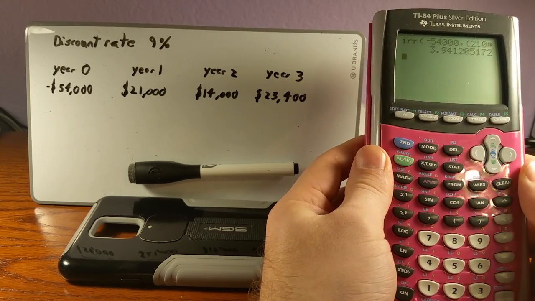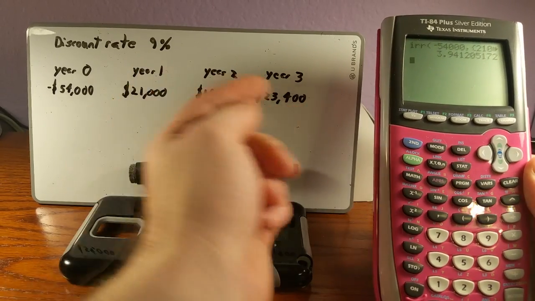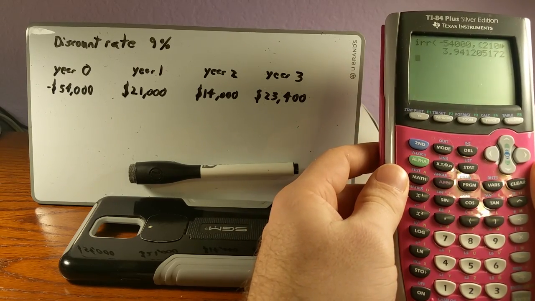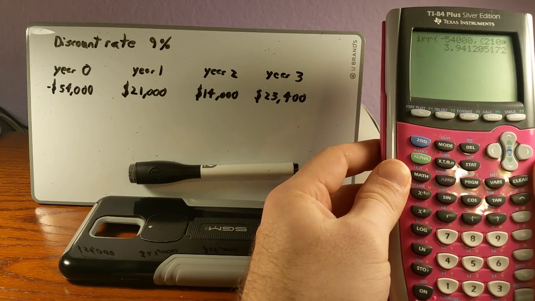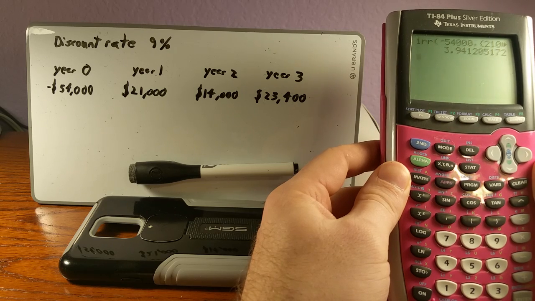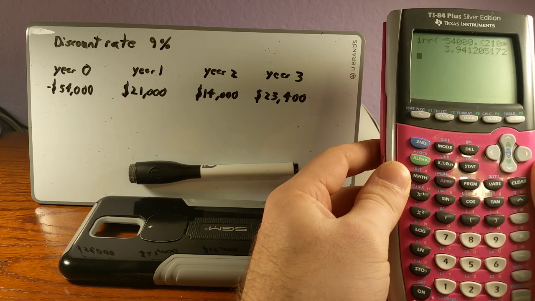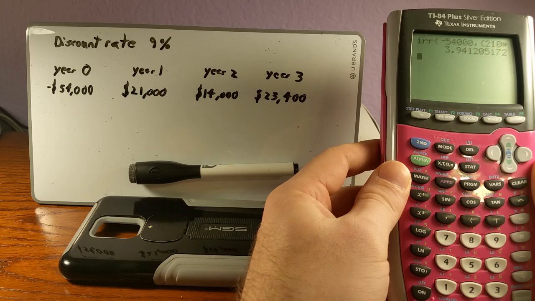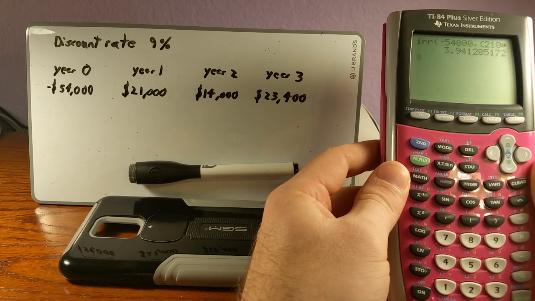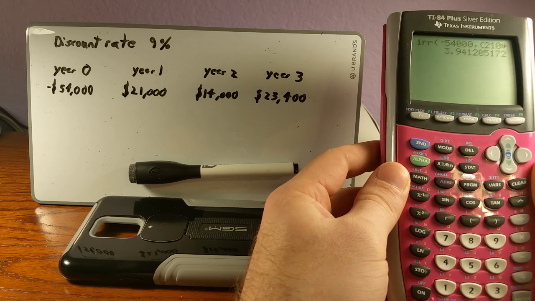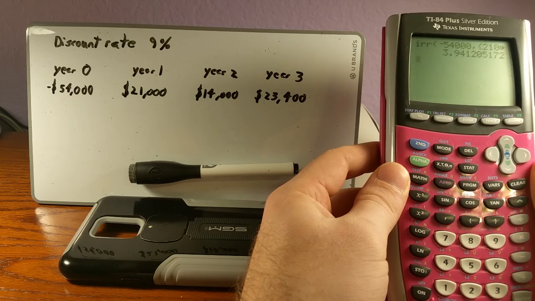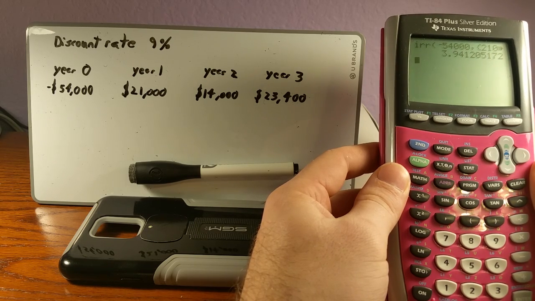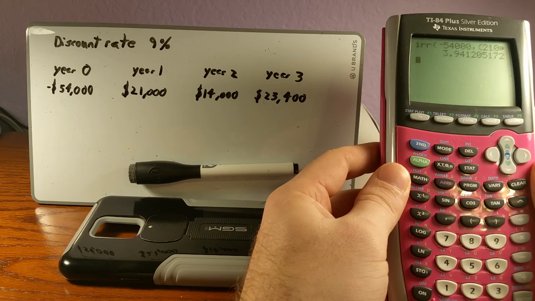What does that mean? Well, here's our discount rate of 9%. Now, when we were calculating the net present value, it was pretty low. It was less than the initial outlay, so we decided that that wasn't a good project. Well, in this case, the internal rate of return, 3.94, is less than 9.